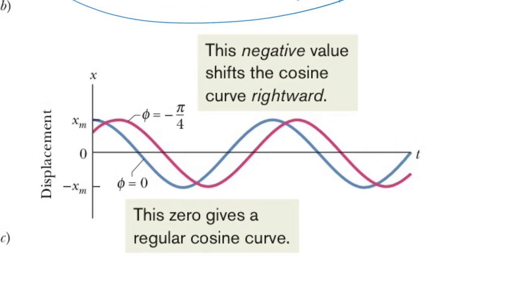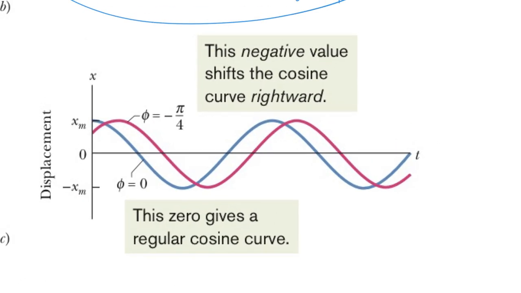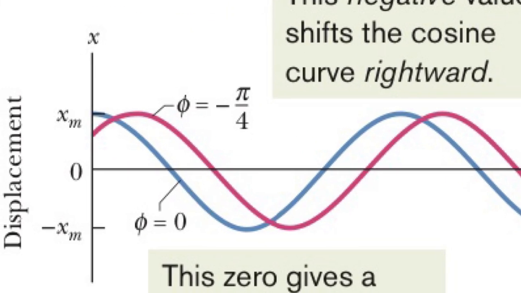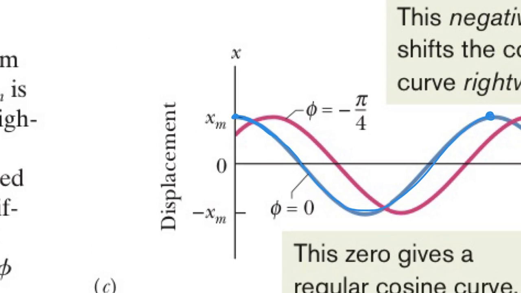Okay, now we will come to the last example. In the last example, we can see two simple harmonic motions. The first one is the blue one. As you see, it starts from the maximum point xm and then returns to the starting point. This is a cosine function.